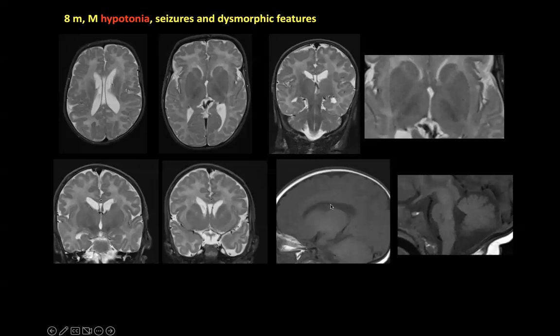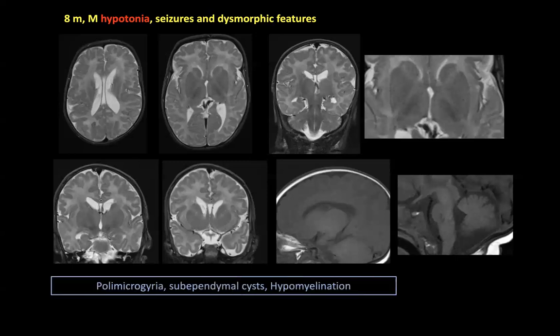There are also cysts, subependymal cysts, that you can see in the coronal T2 as well as in the sagittal T1, and a bit of small points. This combination of findings, bilateral asymmetric polymicrogyria, hypomyelination, and subependymal cysts, is typical of Zellweger syndrome, which is a peroxisomal disorder, and we have the gene for that. So when you see this combination with subependymal cysts, think Zellweger.